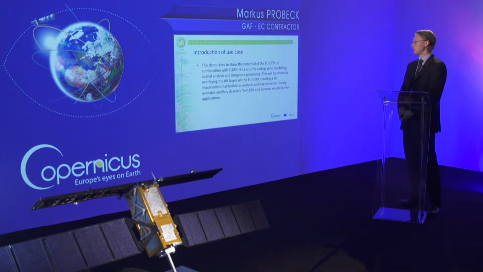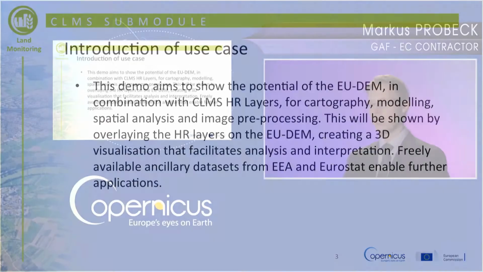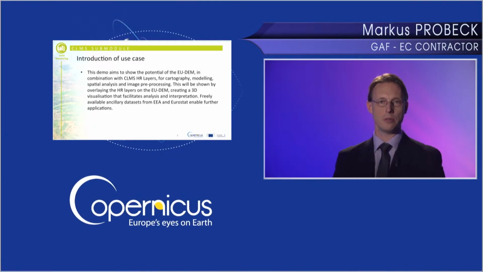The use case specifically aims to show the combined value of these data, both of the height information and the thematic land cover information, for various kinds of applications: for cartography, for modeling, for all kinds of spatial analysis, for image processing, and so on.